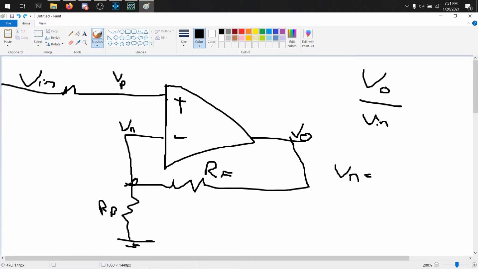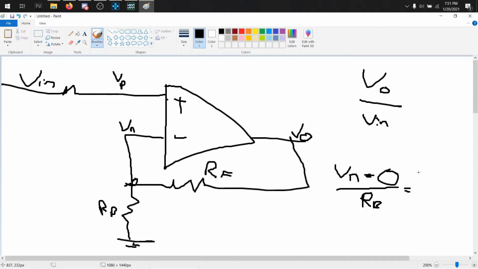I found my notes from circuits 1. Well, the way I would do it is do VN minus ground, so current going to ground, over RB, and then equals.